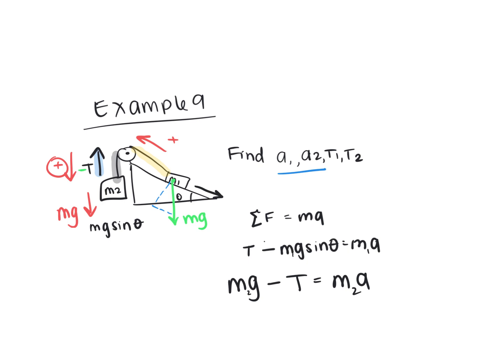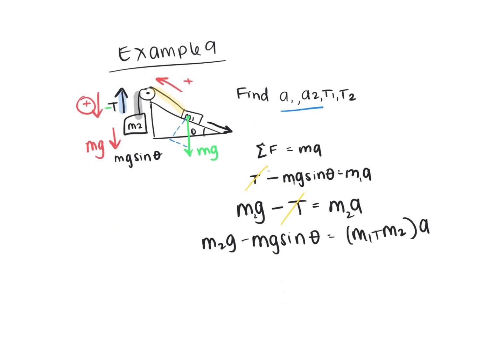If we were to sum these two equations, the tensions would cancel out and we would have m2g minus m1g sine theta equals m1 plus m2 times acceleration.